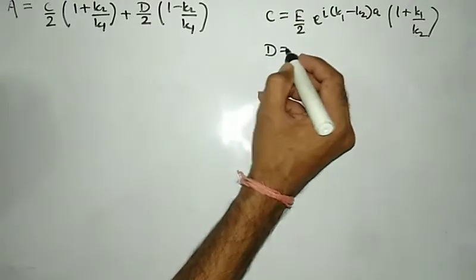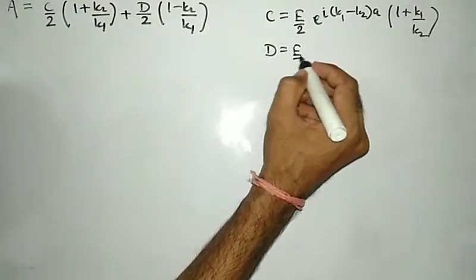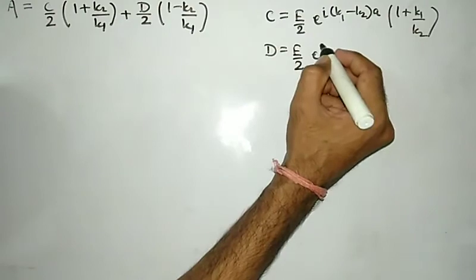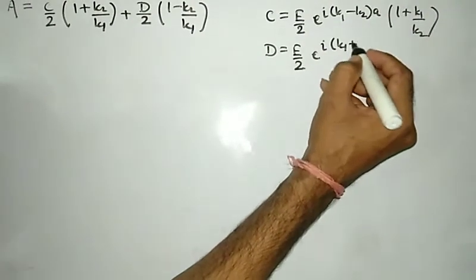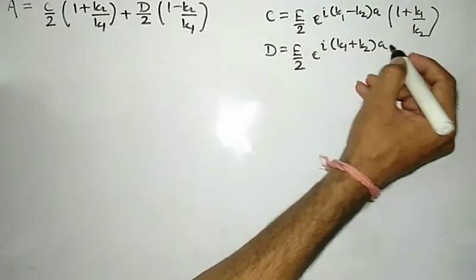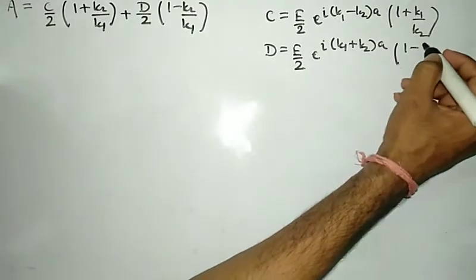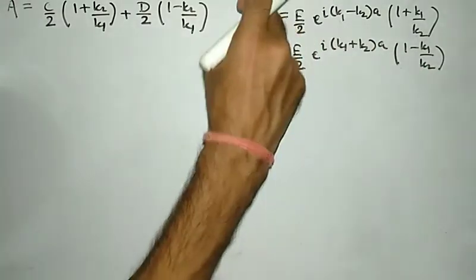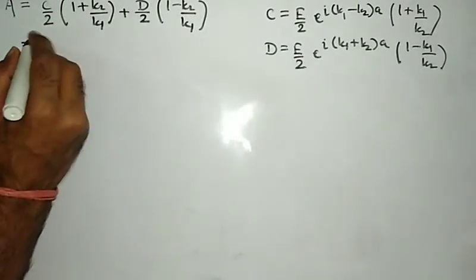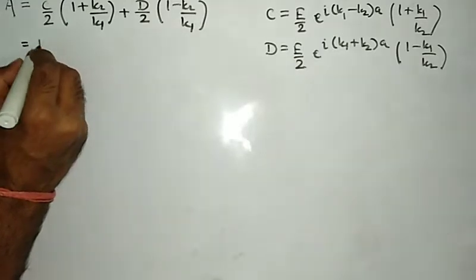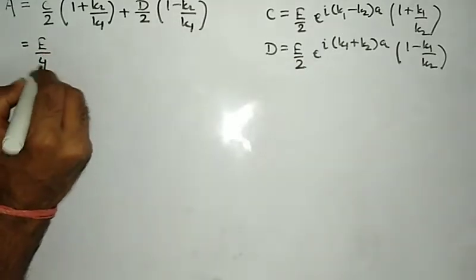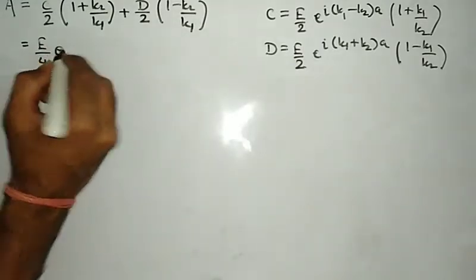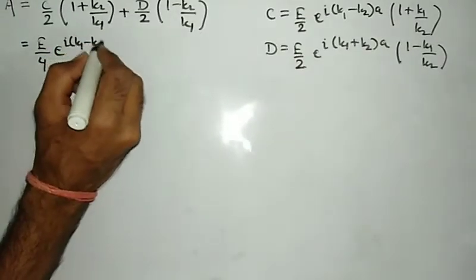The d was found as e by 2 e to the power i (k1 plus k2) a, (1 minus k1 upon k2). This c and d we will put here. Now putting this, so we get e by 4 e to the power i (k1 minus k2) a.